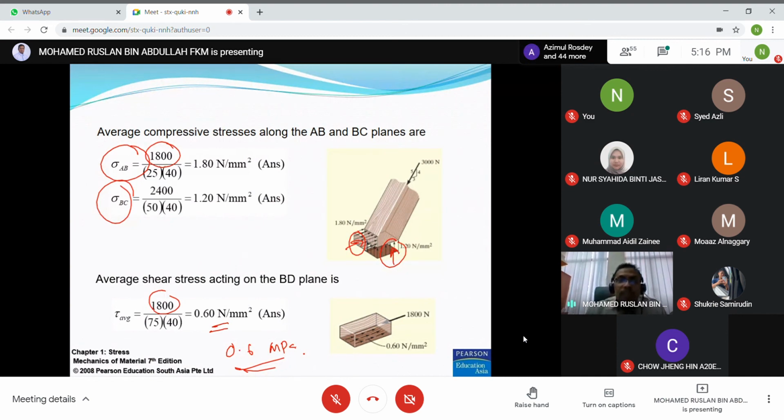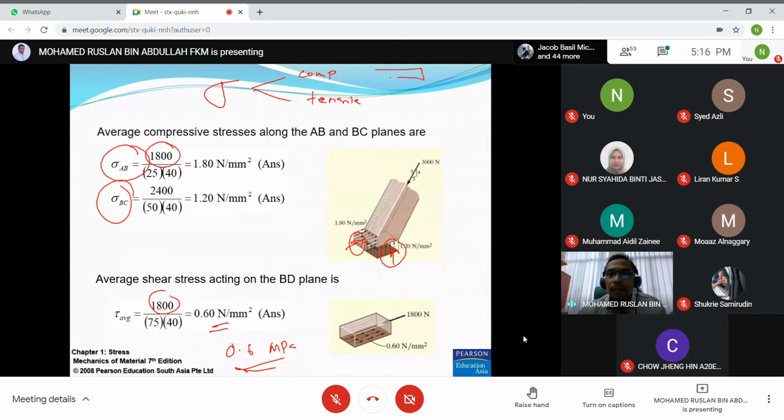I understand. So we have finished the two very basics in stress: average normal stress and average shear stress. The average normal stress is represented by sigma. Sigma can be compressive or tensile.